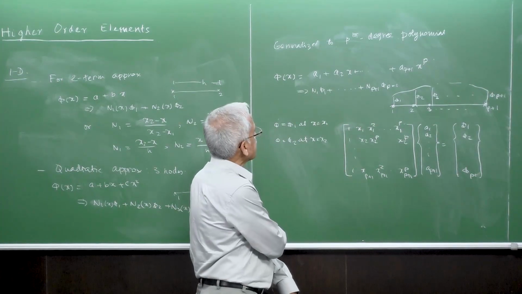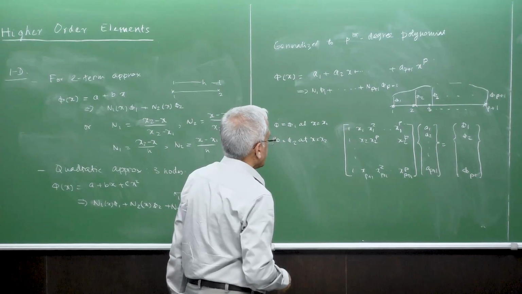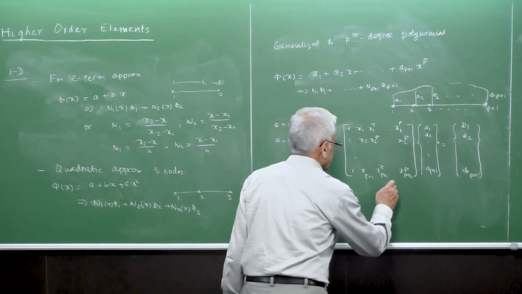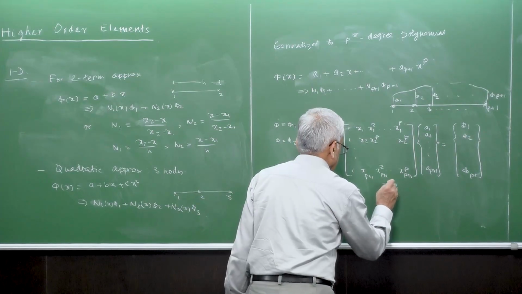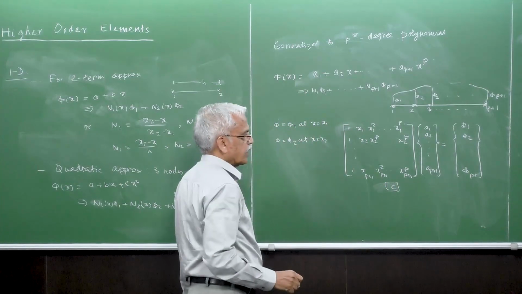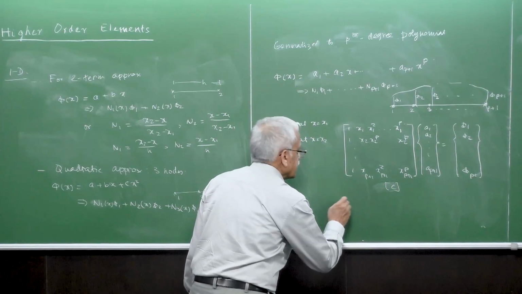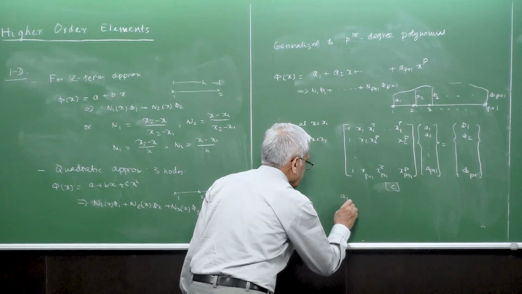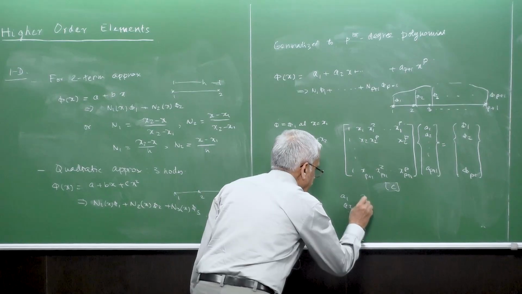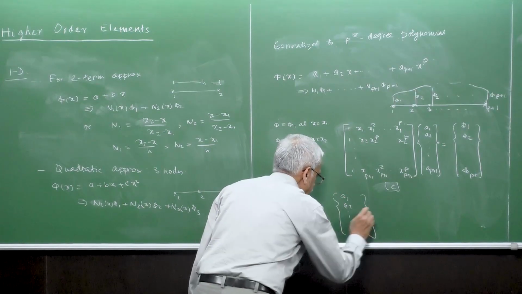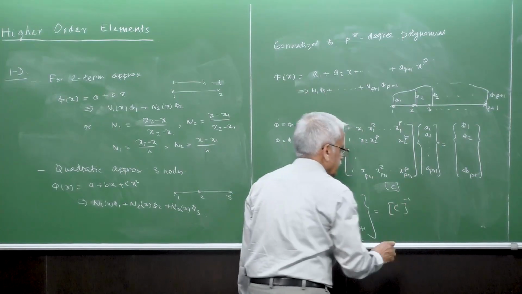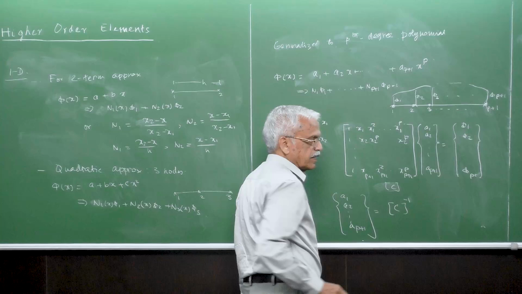So we have like this, and so we can find out the coefficients here. So if you call this as some matrix C, right? So we can write the coefficients by taking this inversion. So this is the general procedure. This you can apply to any number of nodes.